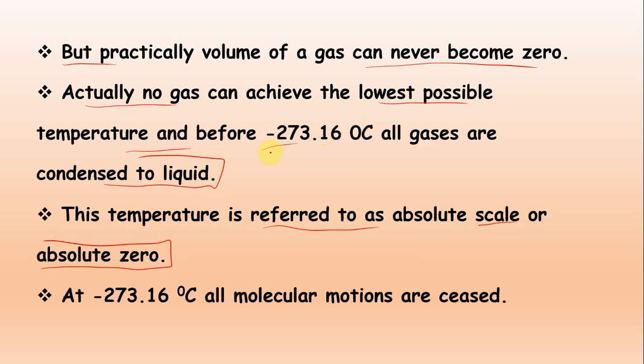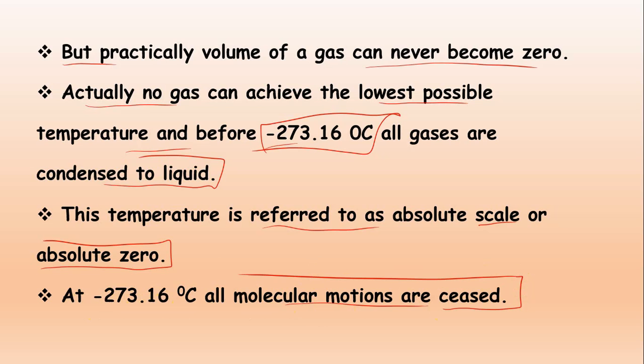This temperature, minus 273.16 degrees Celsius, all molecular motions are ceased. There is no movement of the particles when this temperature is achieved. So these were the main points related to Charles' law.